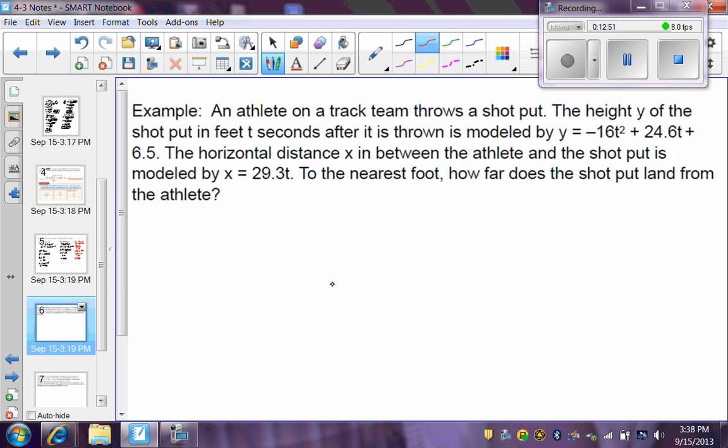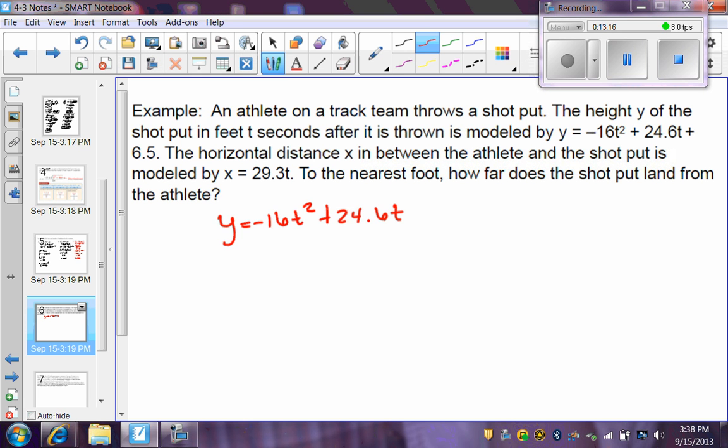Okay, so let's put some real-life applications into this. It says an athlete on a track team throws the shot put. The height y of the shot put in feet t seconds after it is thrown is modeled by y equals negative 16t squared plus 24.6t plus 6.5, and I'm just going to write this as I read it.